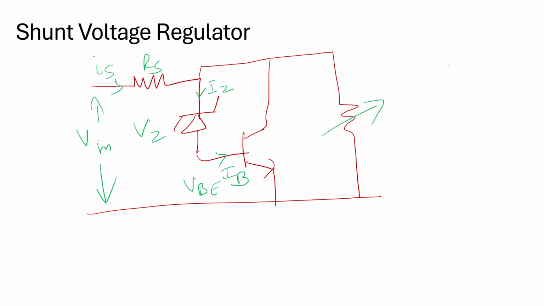So on varying the output load resistor, V naught is equal to Vz plus Vbe. The output voltage is equal to the voltage drop across base emitter and the Zener voltage. V naught is equal to Vz plus Vbe.